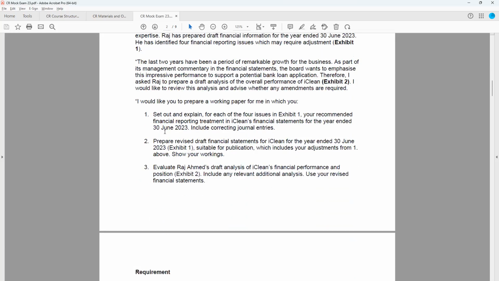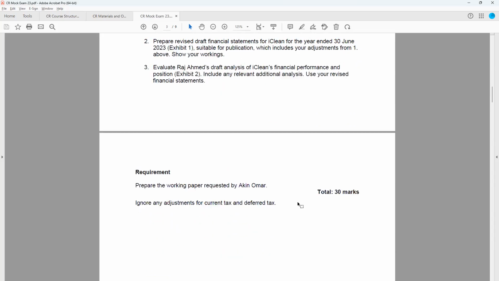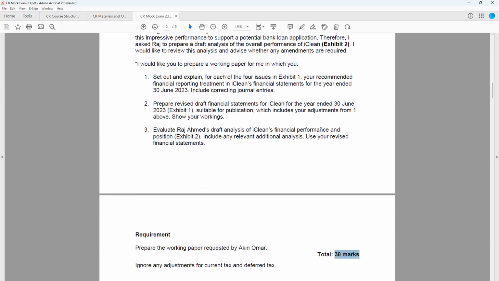This will include how to read and interpret the requirements so you can identify the best way to approach the question to see if there's an opportunity to answer several parts of the question simultaneously. I'll explain how to allocate the marks to each requirement so that you can estimate the time you should spend on each requirement.